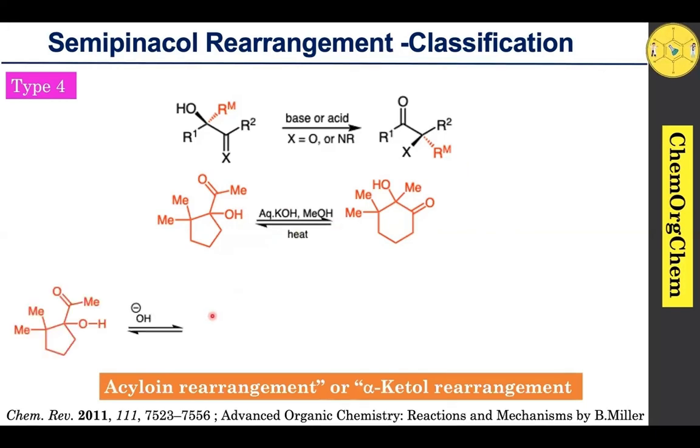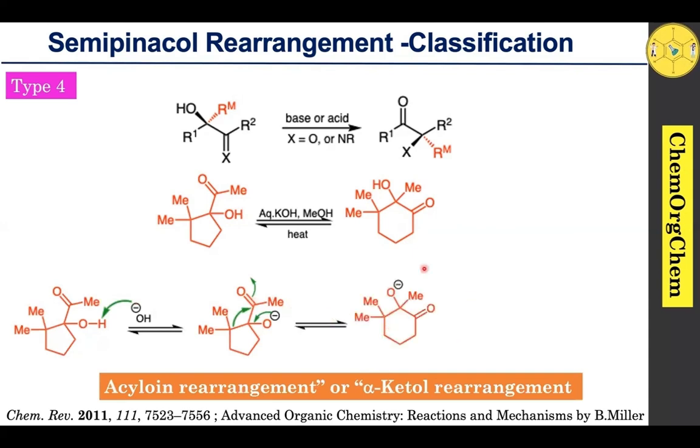So next we see the mechanism. Initially, the hydroxide ion readily takes the proton from this alcohol group, resulting in generation of the corresponding alkoxide ion. After that, this alkoxide ion negative charge shifted towards this carbon center, followed by this tertiary carbon migrating towards the carbonyl oxygen.